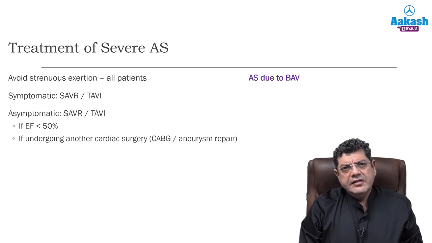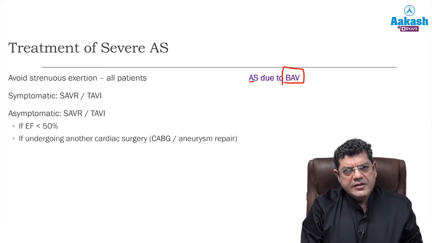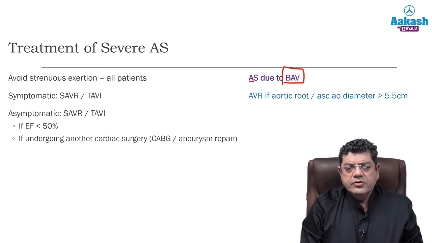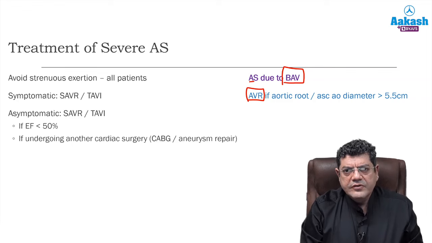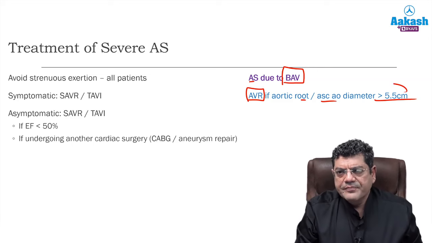When the AS is due to a bicuspid aortic valve, this is a bigger problem. You will do an aortic valve replacement if the root of the aorta or the ascending aorta has a diameter of more than 5.5 centimeters. Remember this figure.